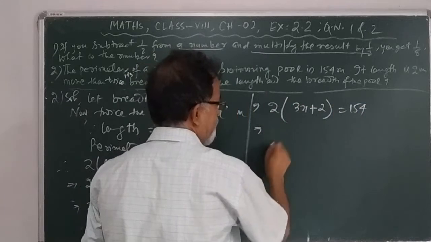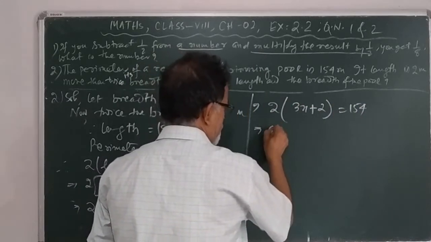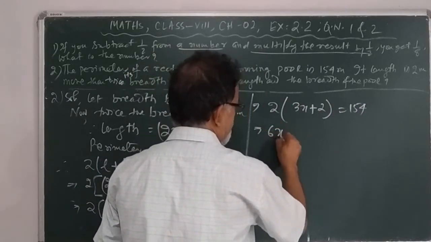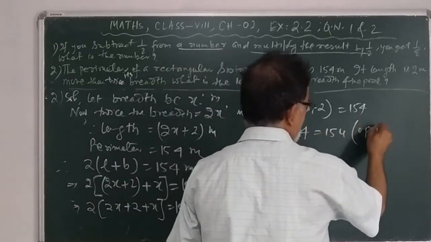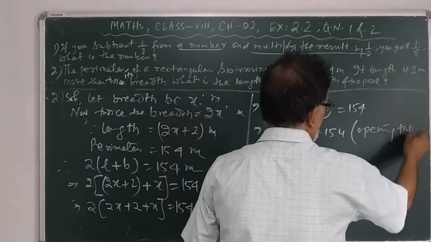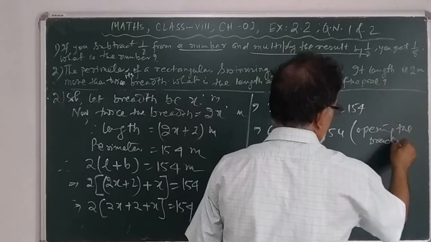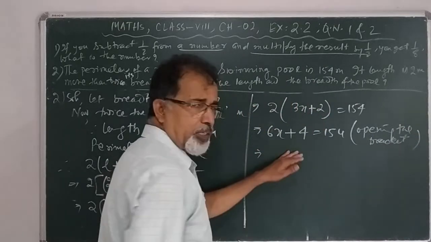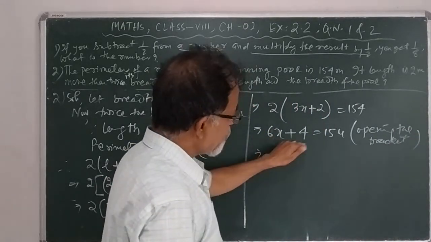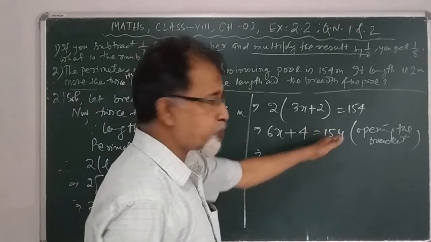Once again, here I am going to open the bracket. 6x plus 4 equal to 154. You can write opening the bracket. There are 2 terms here. Variable, constant. This constant will be transposed to RHS.